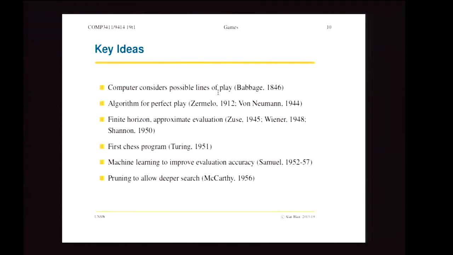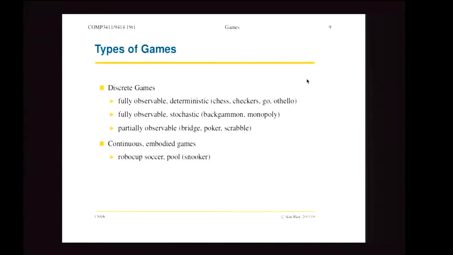So the key ideas. Babbage already understood that the computer had to consider all possible lines of play. So I should have said what all of these things have in common, of course, is that they're multiplayer, multi-agent, right?